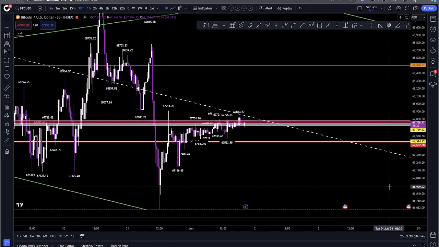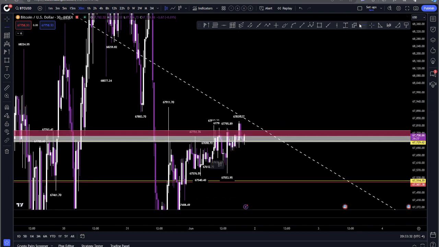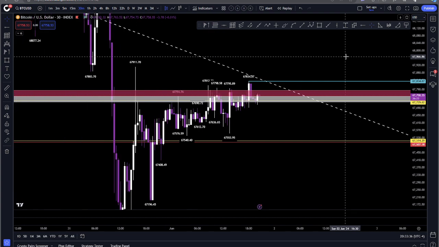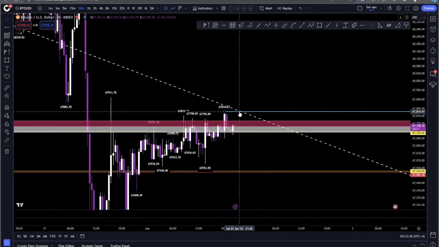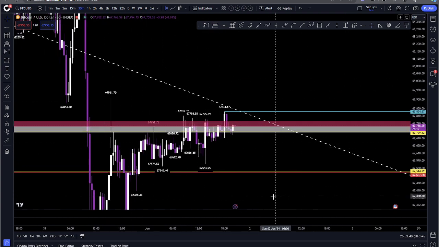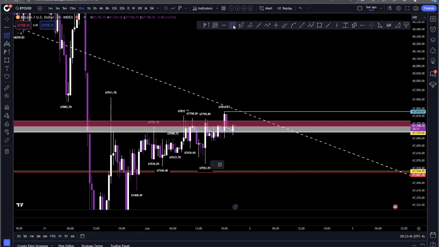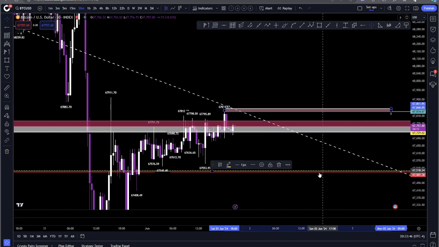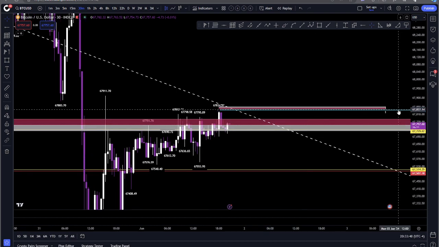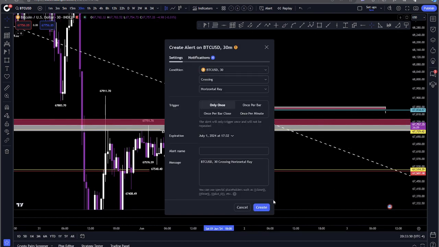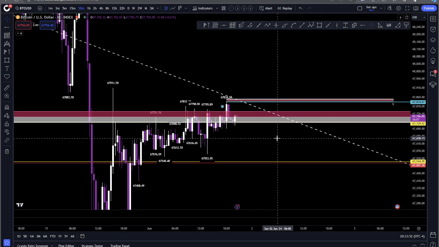So for me to take a long here, I'm going to set my alarm at a key high, considering that to be my key resistance, because it hits my key trend line. So this will be my key resistance. I'm going to set my alarm, and she will call me when she's ready.